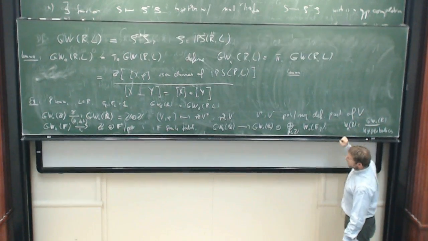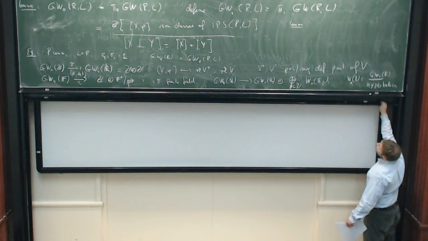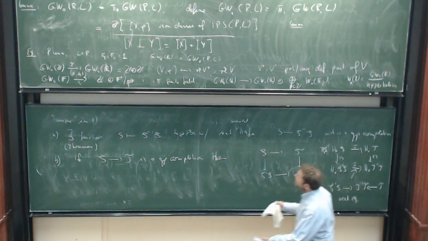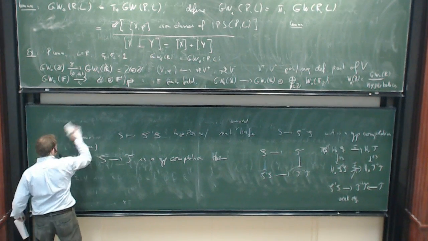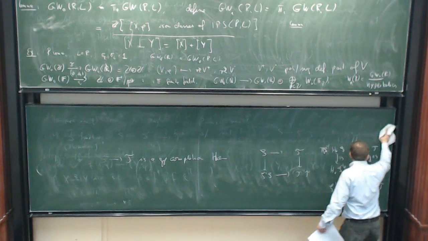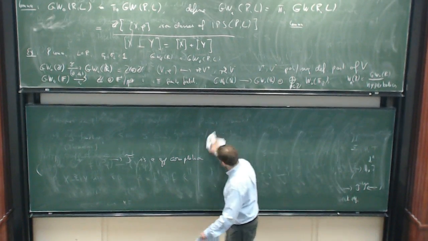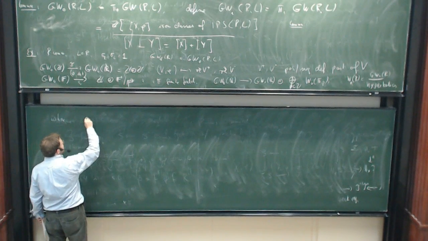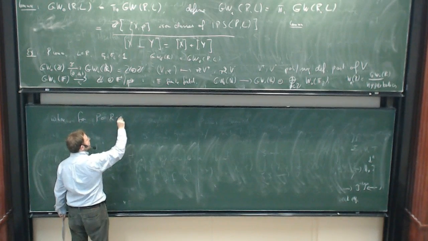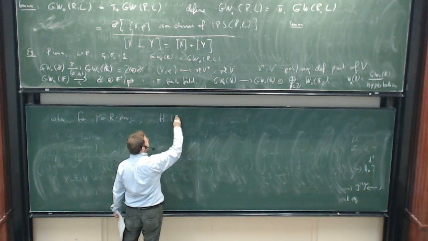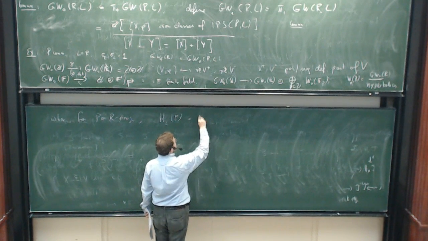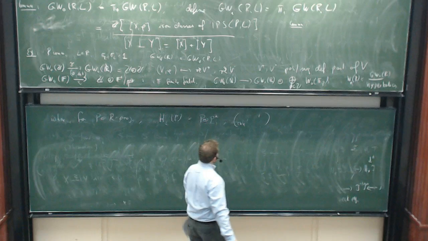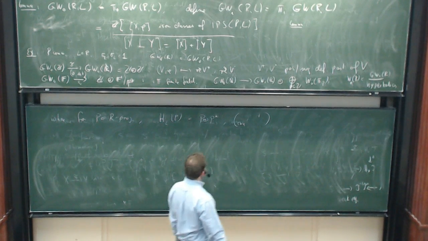For a projective module P, the hyperbolic module, which depends of course on the coefficient system, is P plus its dual together with the form, and the canonical identification with its double dual. This is called the hyperbolic module of P.